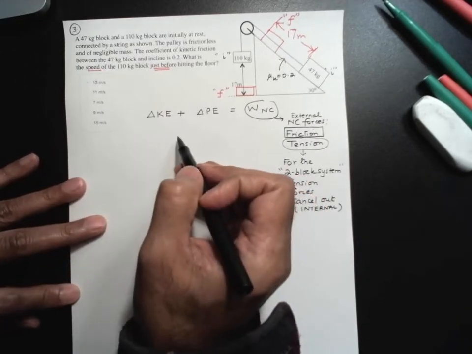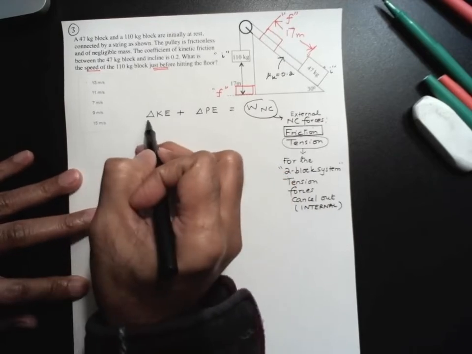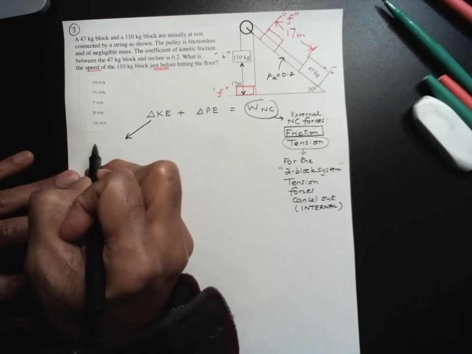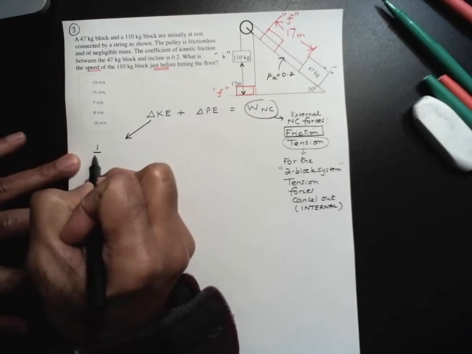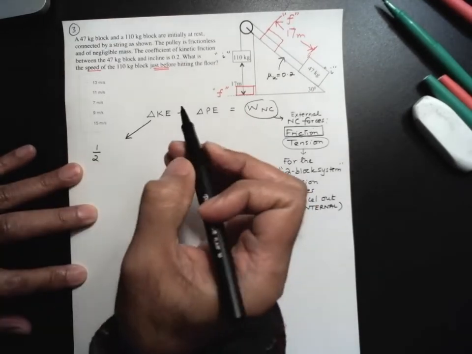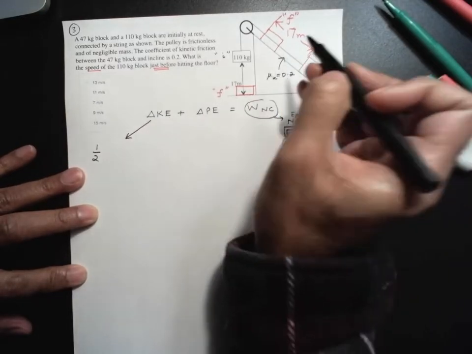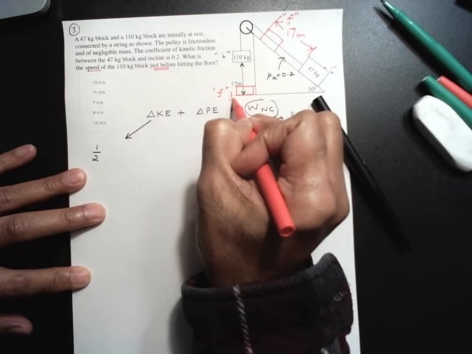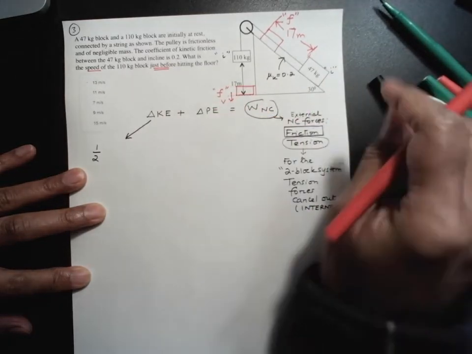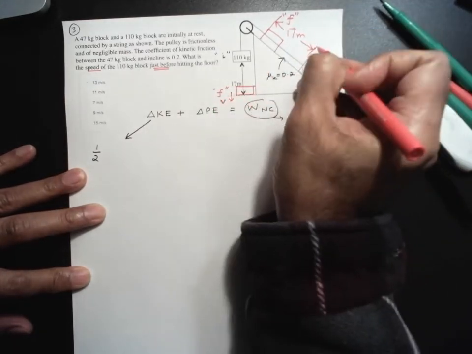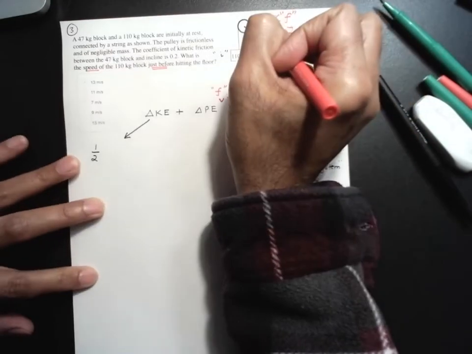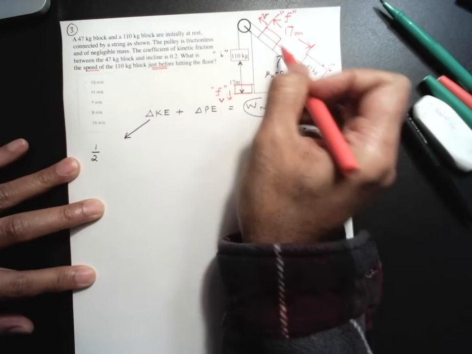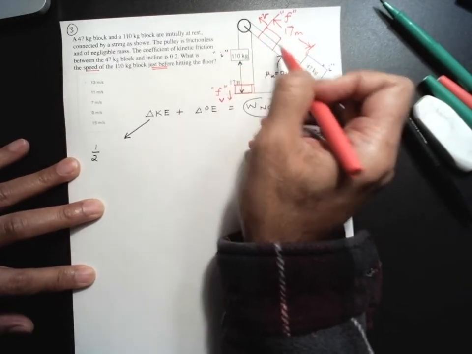So what's the change in kinetic energy? Well, in the final situation, you have 1/2 and whatever velocity this guy has, say v, and that's what we have to find out. Well, this guy will have the same velocity, right? It's moving at the same velocity because the string doesn't bunch up or stretch or anything.